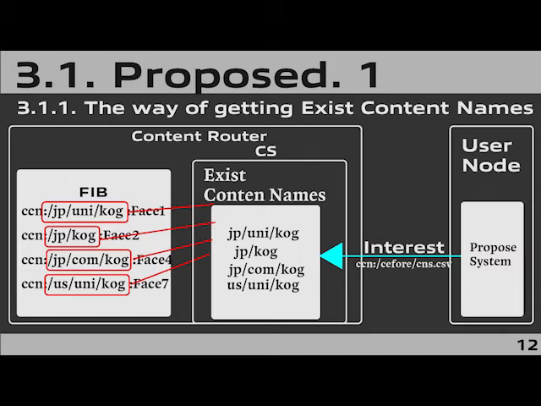These contents are stored as contents in the CS on each content router. In addition, a uniform content name is assigned to the content that has an existing content name. This makes it possible for the system user to retrieve the content that has an existing content name regardless of where the user accesses the CCN network from.